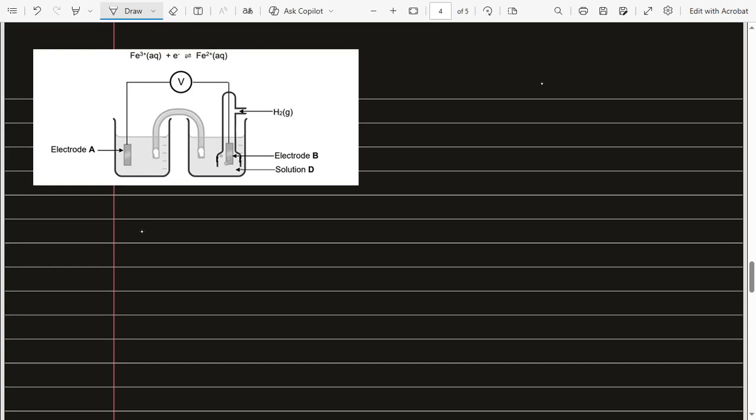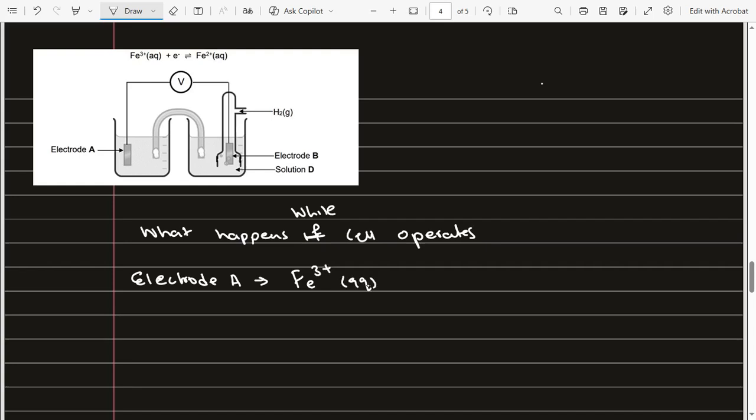So ask yourself a question. What happens while a cell operates? Okay, so now we're going to look at this. We know that at electrode A, we have the Fe3 plus in aqua solution and reduction, gain of electrons, Fe2 plus in aqua solution.